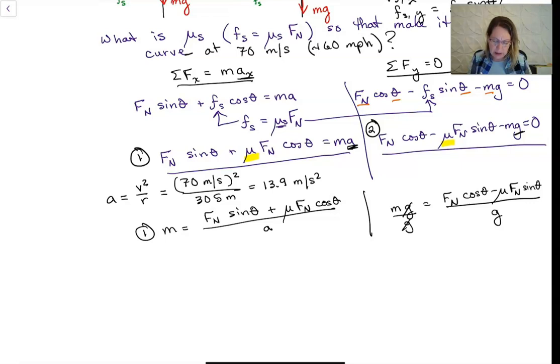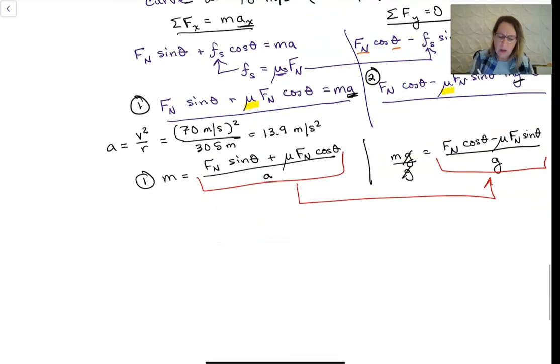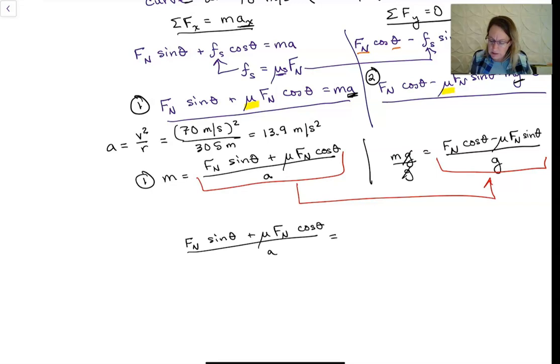So I'm going to say this is equal to this expression. And notice what happens. Every term has a force normal. So I have force normal sine of theta plus mu force normal cosine theta over a is equal to force normal cosine theta minus mu force normal sine of theta over g.